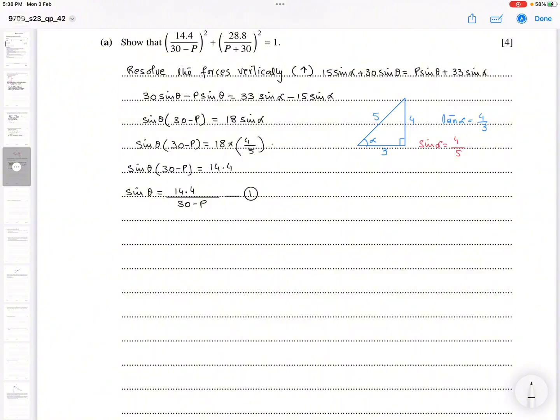Now resolve the forces horizontally, meaning in this direction. So all of them would be in cos. So you write 15 cos alpha plus 33 cos alpha is equal to 30 cos theta plus P cos theta.